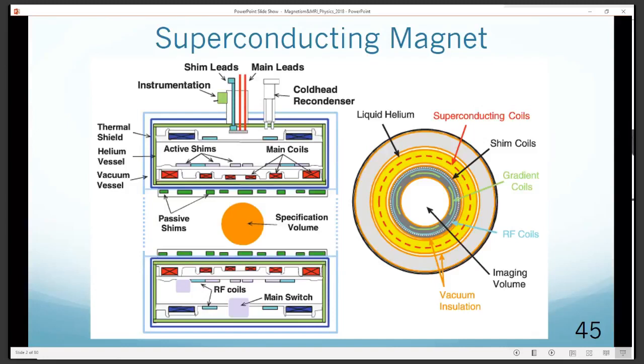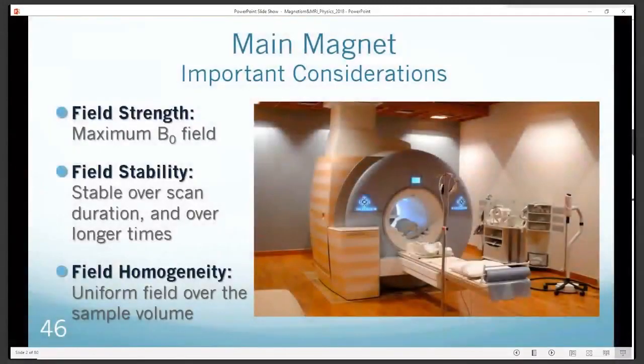If you look at this other cross section across the end, you have your superconducting magnet coils in the middle, immersed in liquid helium with shim coils. Then inside the open bore of the magnet, you have the gradient coils and the RF coils. Now this is what the magnet looks like.